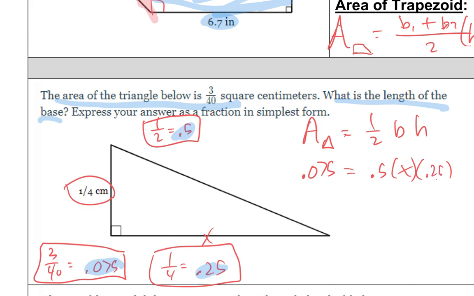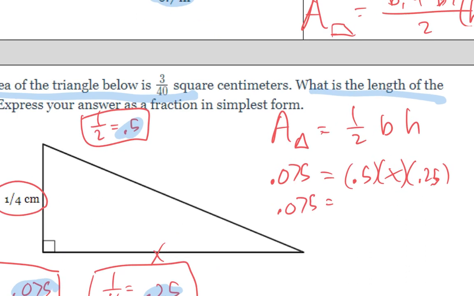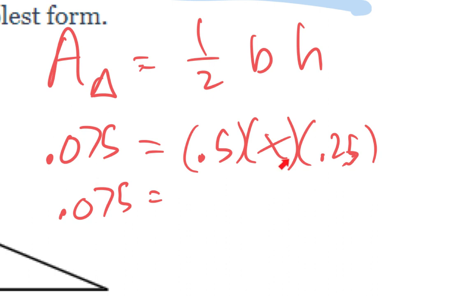Now that we filled it in, that's the hardest part. Once again, now let's just do the math, going from left to right. Over here, we just have that 0.075. I know this may look weird, but that's okay, let's just follow the math. Now we have 0.5, and we can put that in parentheses if it helps, 0.5 times x times 0.25. Here's what we know: all these are multiplying, but we can only do the numbers times the numbers.